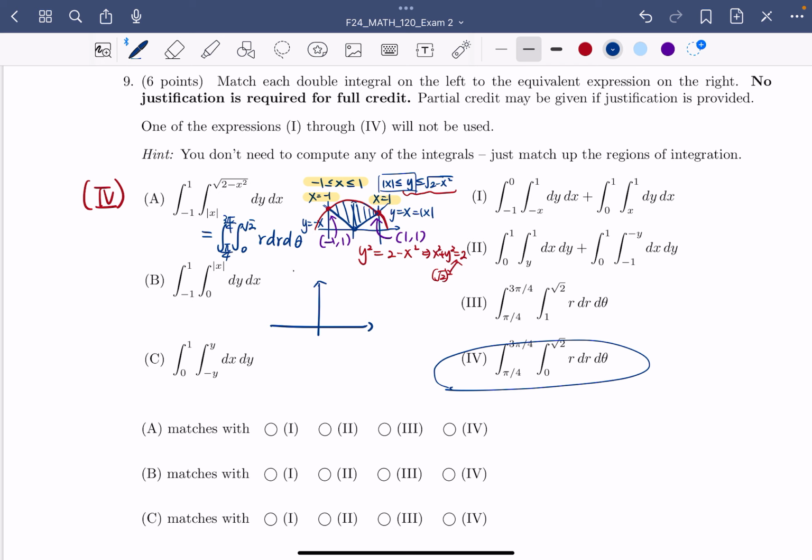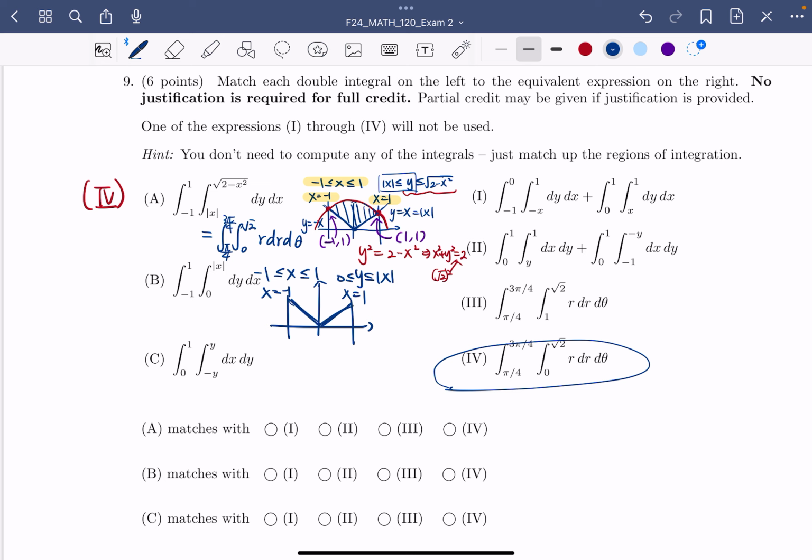So x is from minus 1 to 1, and y is from 0 to absolute value of x. So x equals minus 1, x equals 1, and y from 0 to the curve, the 2 half lines.